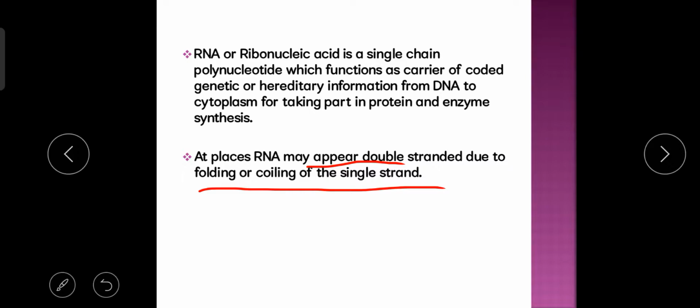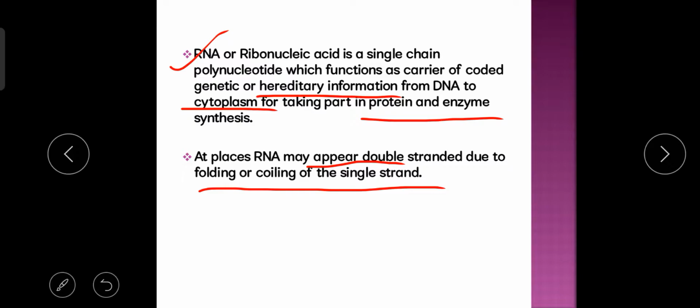And what is the function of RNA? RNA, or ribonucleic acid, carries the genetic or hereditary information from DNA in the form of genetic code to the cytoplasm. Why? To take part in protein and enzyme synthesis.